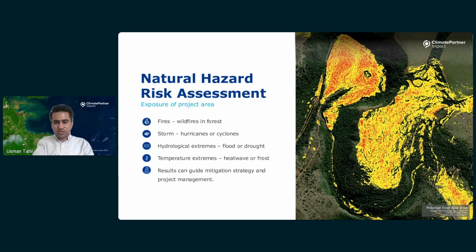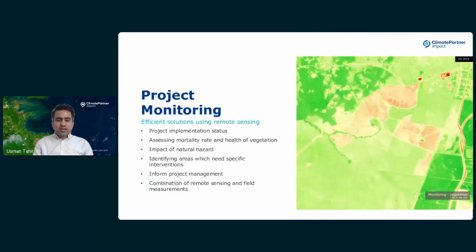So we see the yellow ones are a bit moderate risk, and then the red ones are very high risk. But for project implementation, we avoid these areas, or we plan the activities accordingly. So we don't plant the trees which are susceptible to frost, but we plant different species, or we completely avoid these areas.